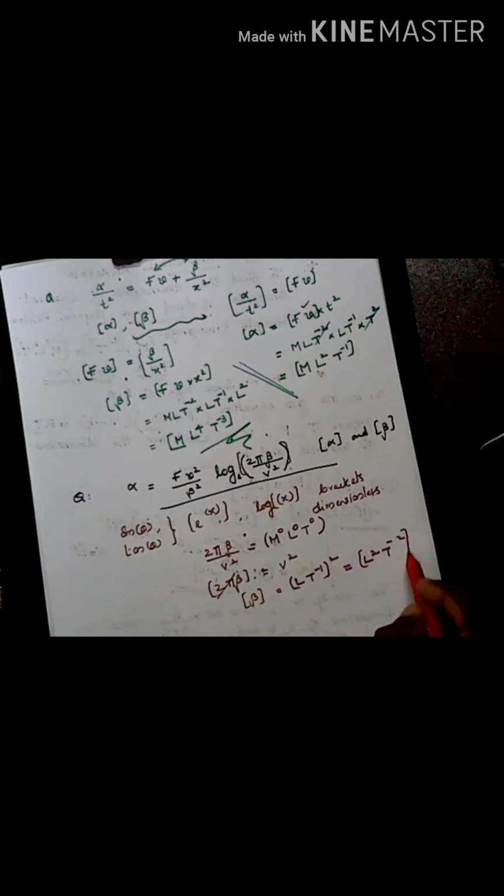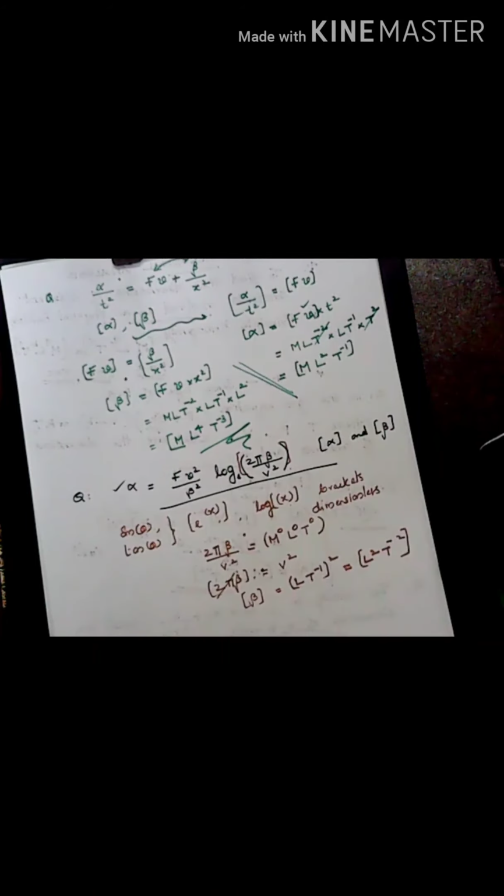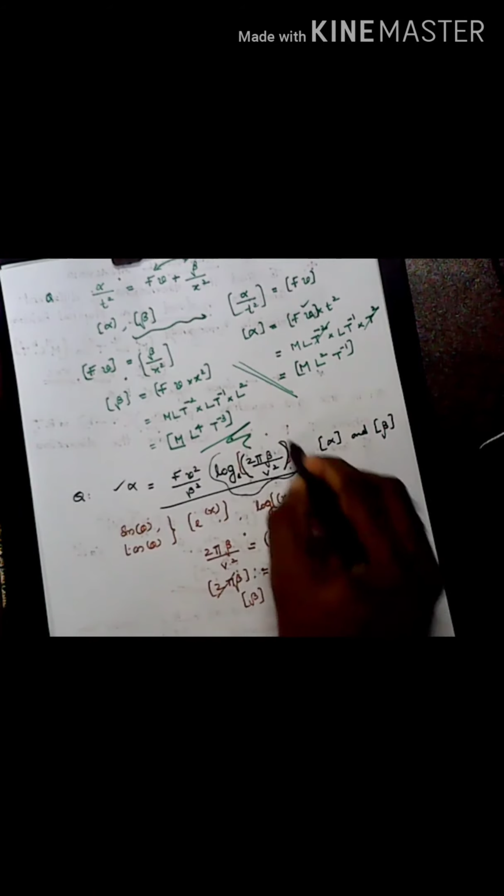Then our aim is to find what is the dimension for alpha. So it is the dimensionless quantity. Then the dimension of alpha should equal to the dimension of f v square by beta square. That means the dimension of f, already we know that m l t raised to minus 2, into v square.